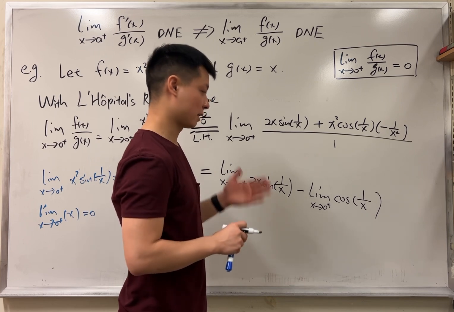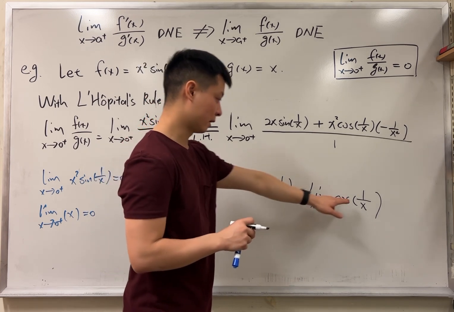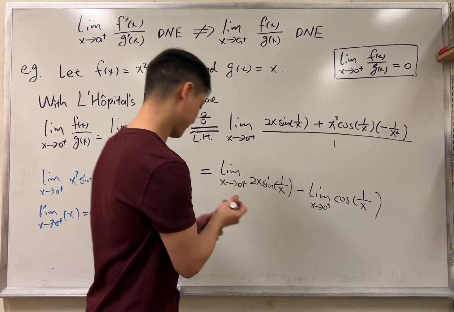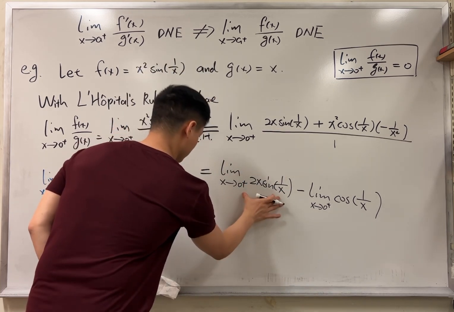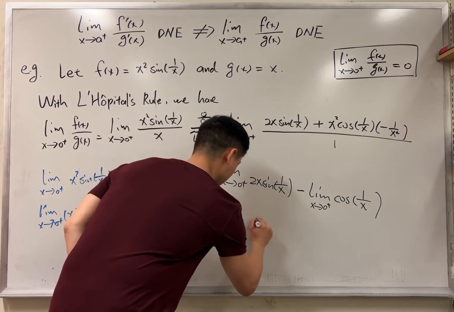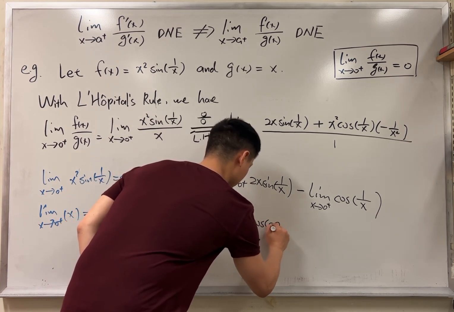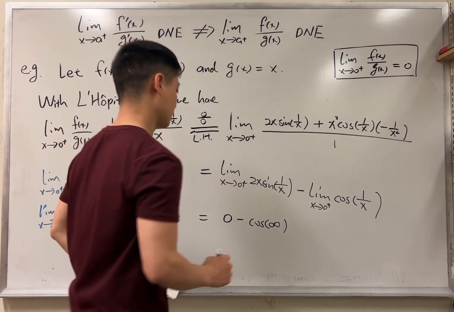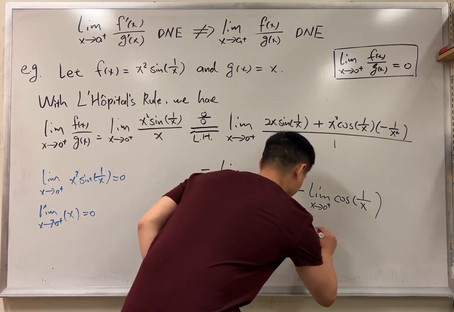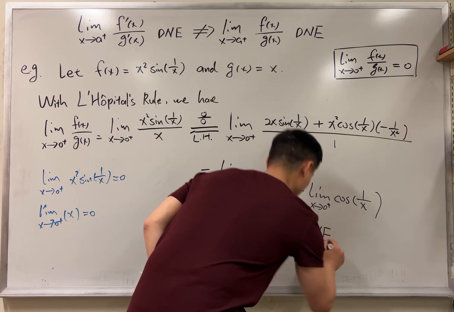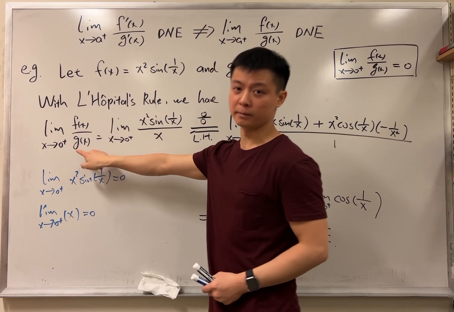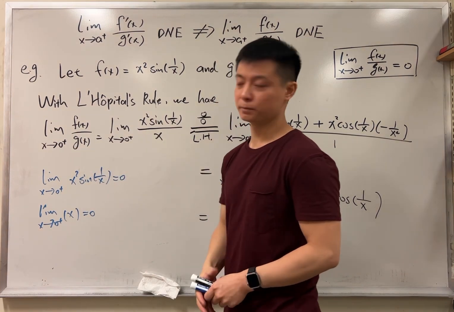So it does not get stabilized as the input gets very large, which means you're going to have 0 minus cos of infinity, but cos infinity does not exist. So the final answer is that the limit does not exist when we calculate the same limit with L'Hopital's rule.